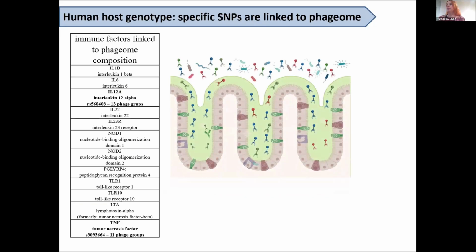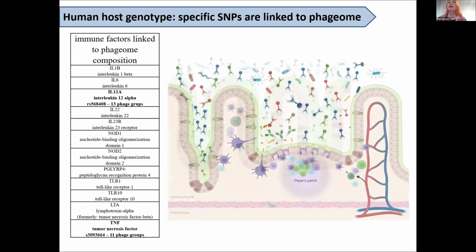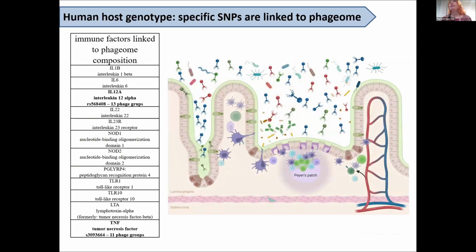Why is this important? Because this is what we usually think of as how phages in the gut look. And this is what we actually have. I mean that all these tissues that may potentially come into contact with phage are tissues really rich in immunological cells.